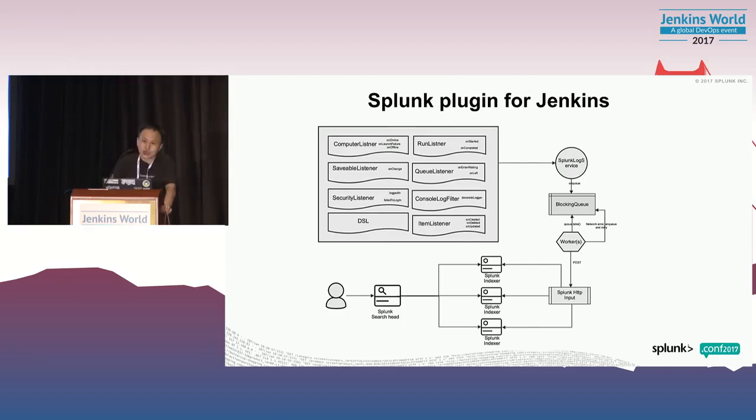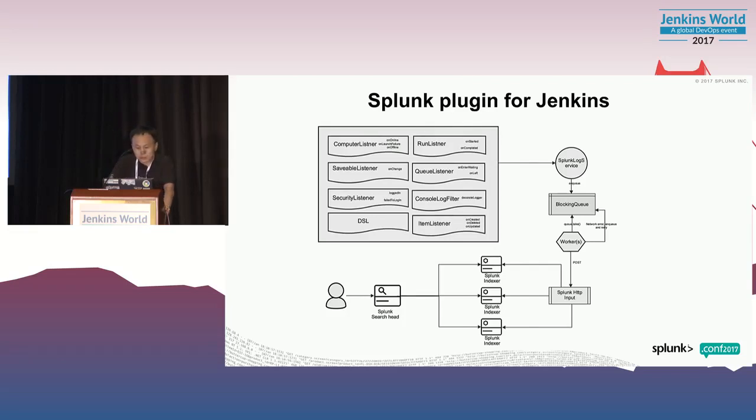The run listener is just listening for job events. For example, when you trigger a job, you get a start event. When the job finishes, you get a completed event. On start, we can get who triggered it, the user, and the job parameters. And if the job is using some SCM such as Git, we can get the Git information such as Git repo, Git branch, and Git commit.